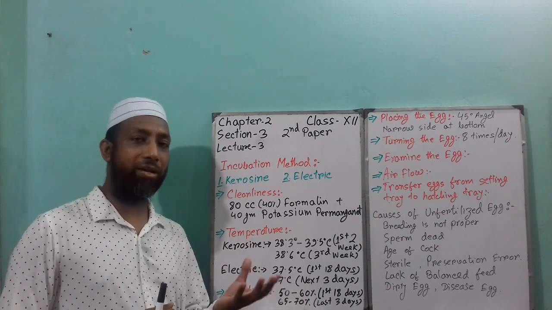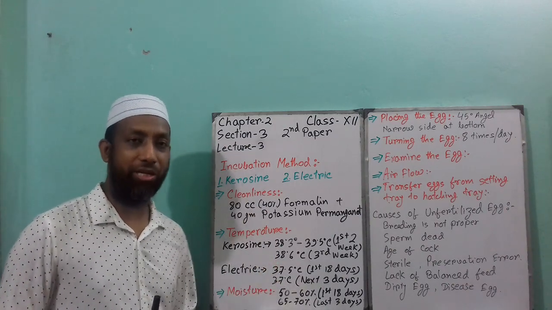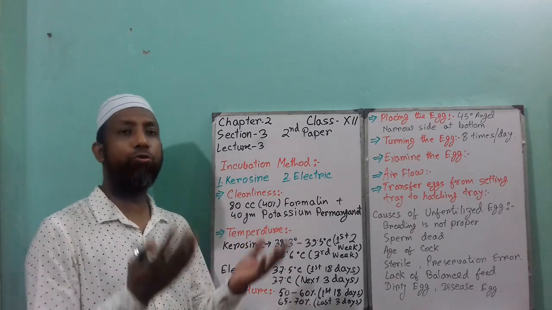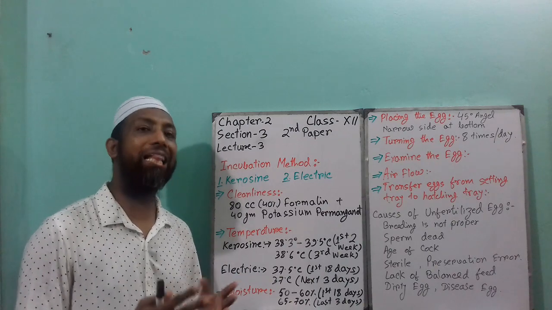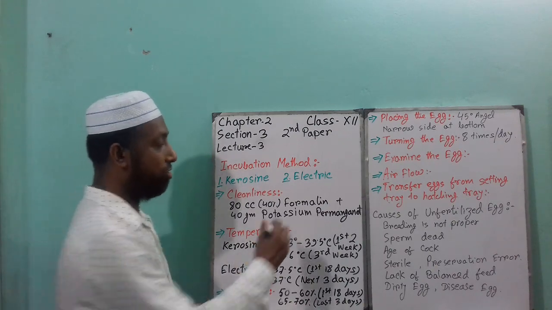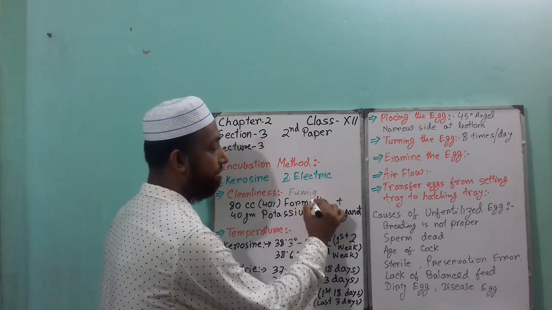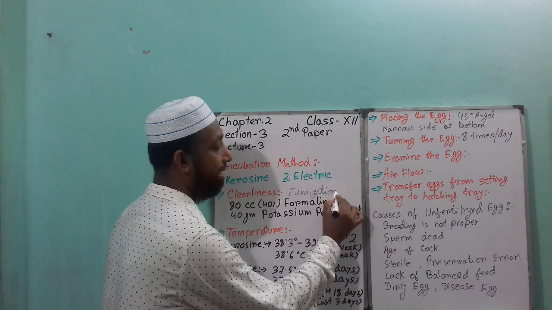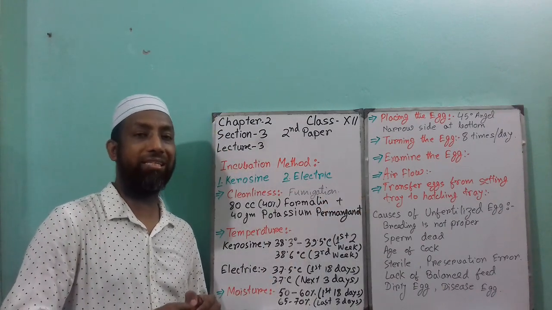If you put that mixture in a place inside the machine, it makes fumes and will destroy or kill the germs inside the machine. This is called fumigation. What is called fumigation? Remember that. This is the chemical for fumigation, and this is the first step of using this machine.